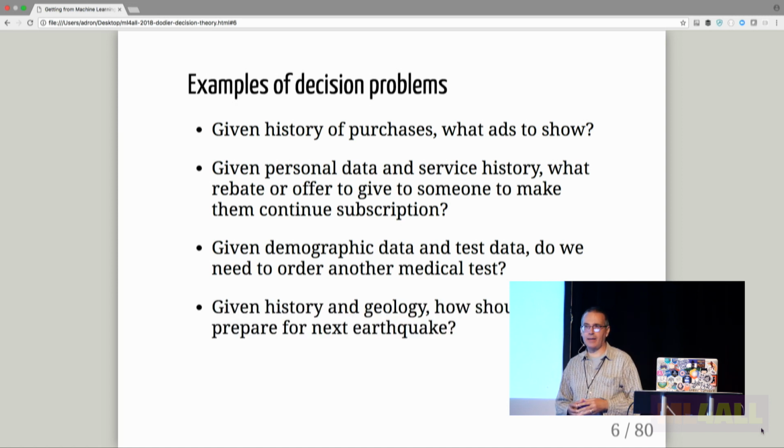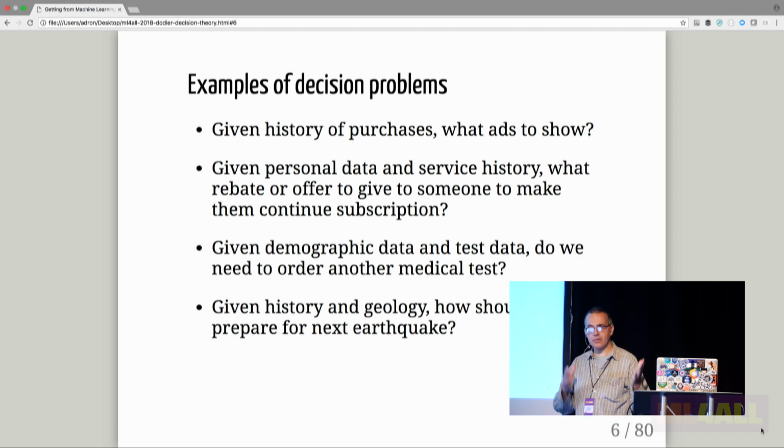And finally, here's yet another example. If you knew the history of earthquakes in the region and you know something about geology, then what should you do in order to prepare for an earthquake? So you might do things like strengthening your house foundation, or stocking up on food, or organizing neighborhood help groups.